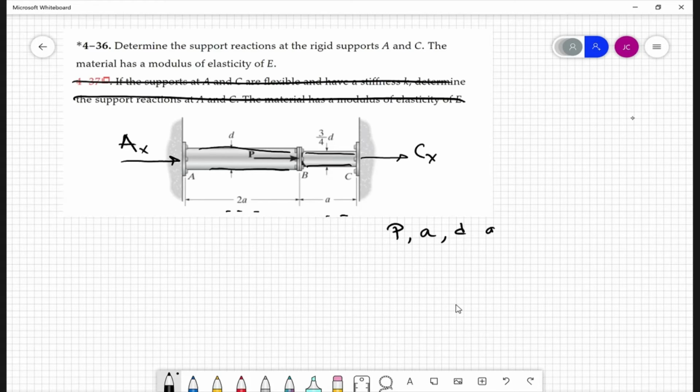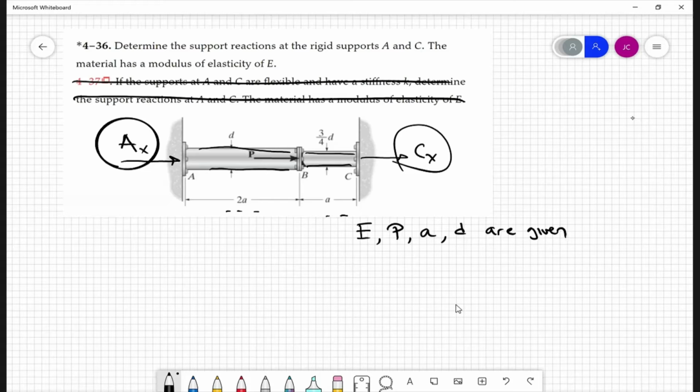All right. So what they want you to do is find the reaction forces AX and CX in terms of P, A, and E. And also Young's modulus is given, right? E. All right. Okay.